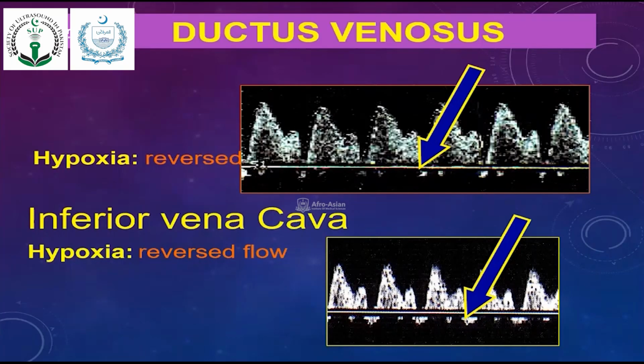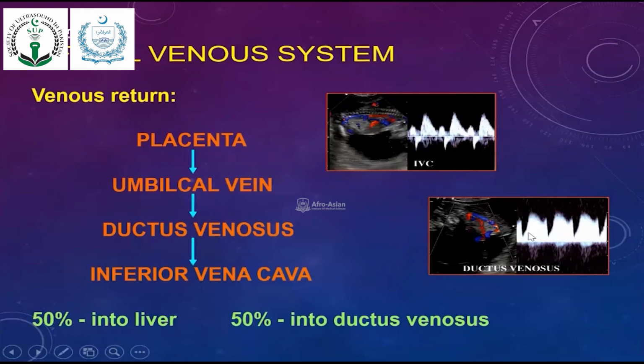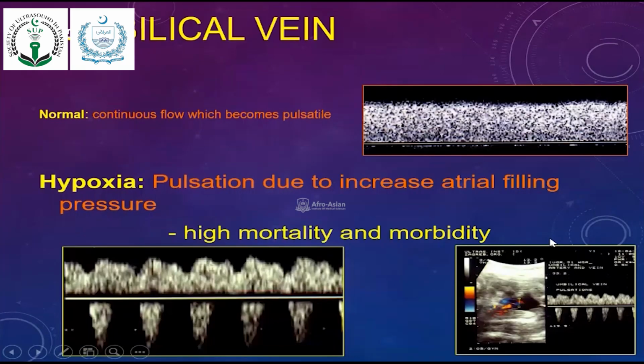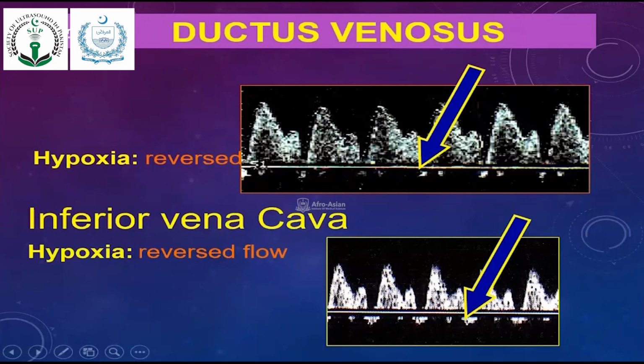In the ductus venosus, we usually get an arterial waveform. If we go to the normal, look at this. There is no reversal. Here is the ductus venosus, and this one is the arterial waveform of the ductus venosus. But here we have got reversal.